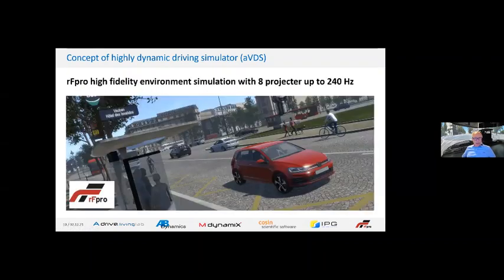Beside that, we have a highly sophisticated environment simulation from RF Pro.